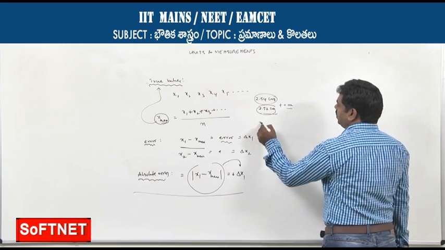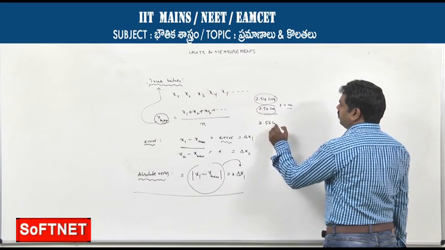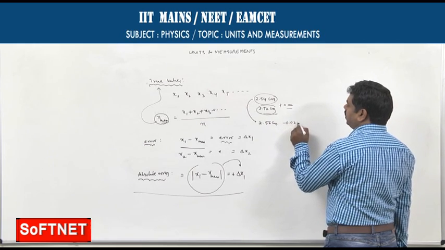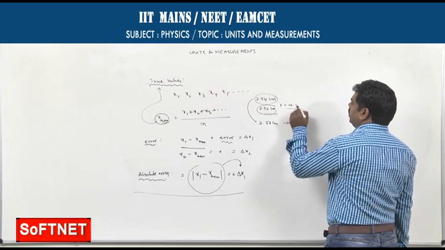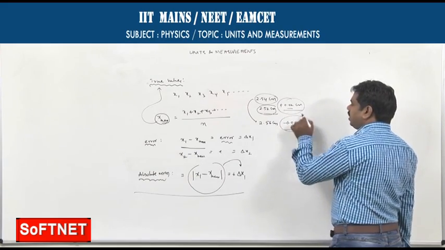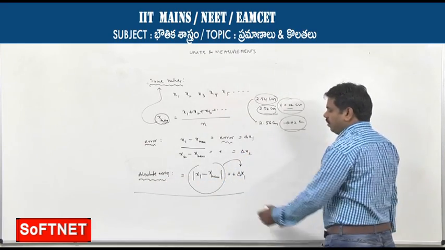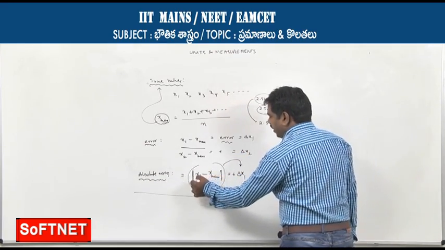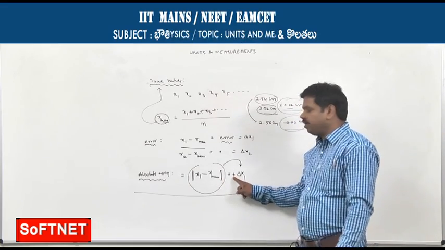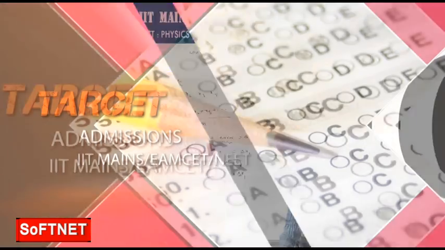If I take the measurement of the quantity as 2.56 centimeter, now the difference will be minus 0.02 centimeter. That means the error may be either positive or negative, but while finding the absolute error, we always have to take the magnitude of the error. So automatically the value will become positive. This is called the absolute error.